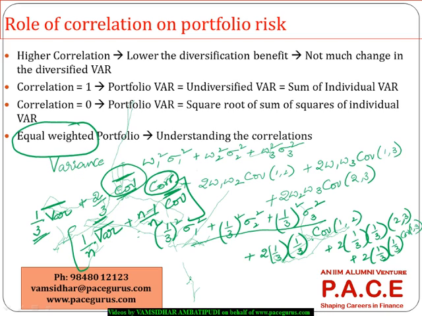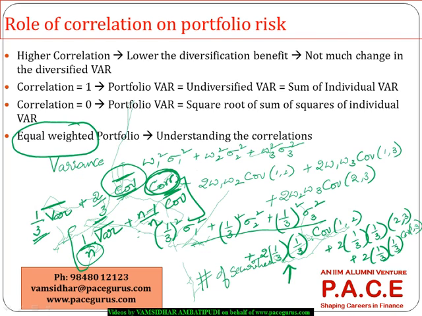If the portfolio variance has to be lesser, two things: either n has to be much higher, so the number of securities in the portfolio should be high, which means as the number of securities increases, portfolio variance and thus the portfolio VAR will decrease, or there should be less correlation between the securities. If the correlation between the securities is much lesser, even that would reduce the portfolio VAR.